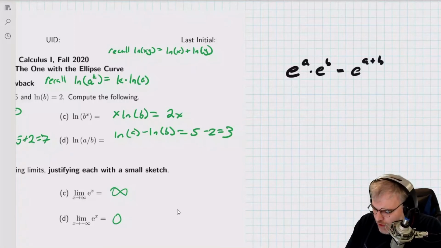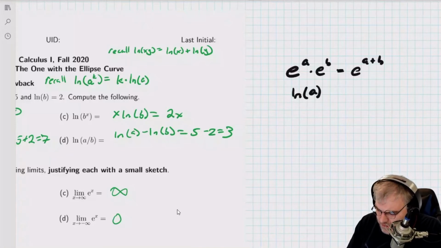So when I do the log of this whole thing, this is going to wind up being the log of a times b. It better equal the log of a plus the log of b.